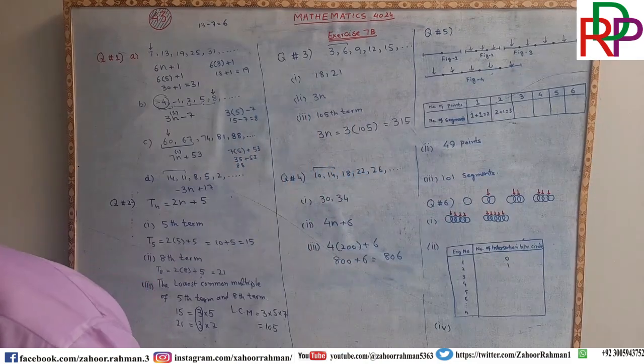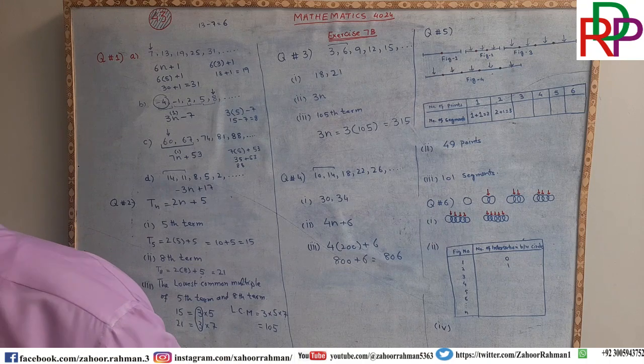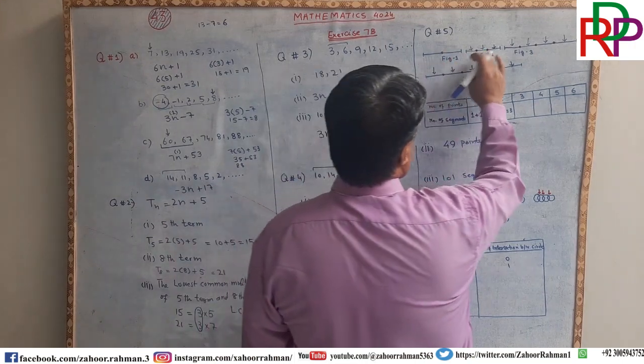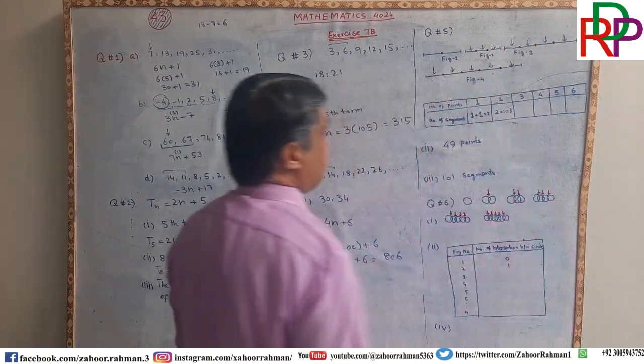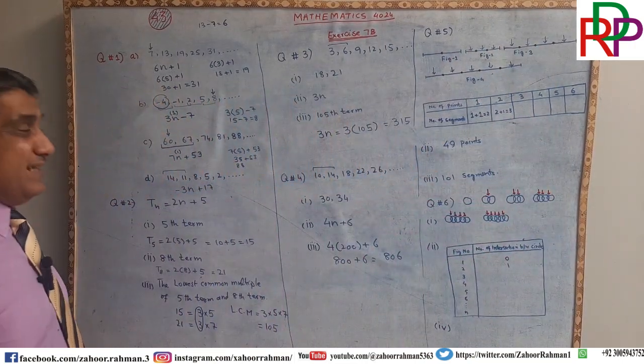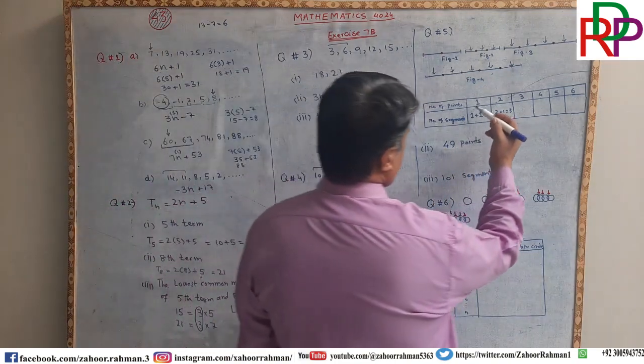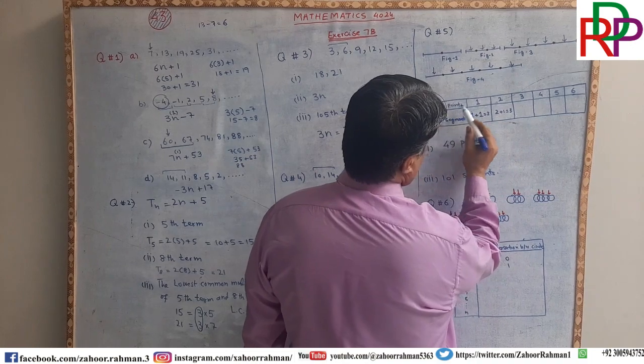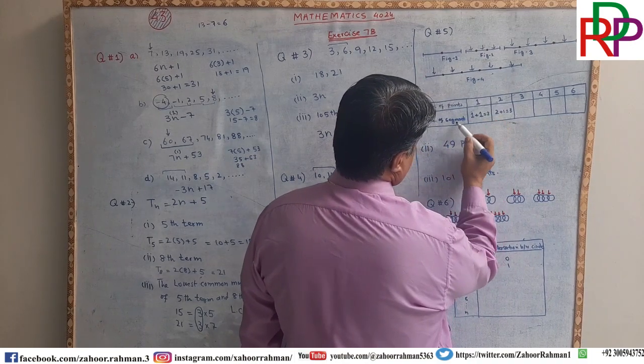So they have given us these. Now keeping in mind these figures, complete this table. Now the first 2 parts are done for you in advance. This is the number of points 1, and this is the number of segments.